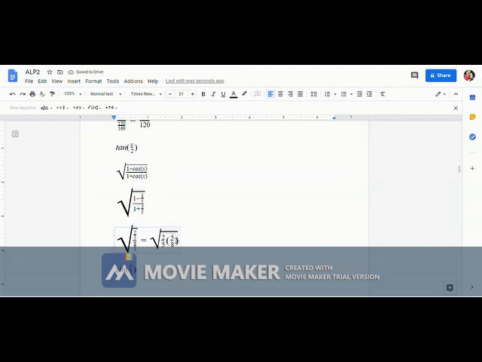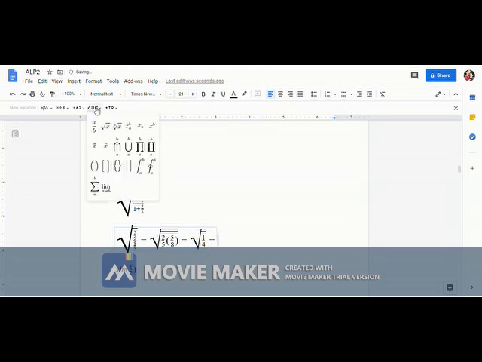Alright, and the 5's cancel out. This you can reduce to 1, and this 8 you reduce to 4. So that becomes the square root of 1 over 4, which equals 1/2.